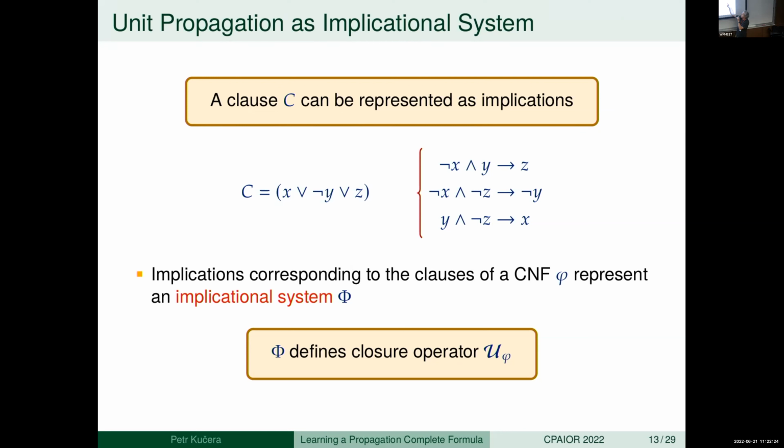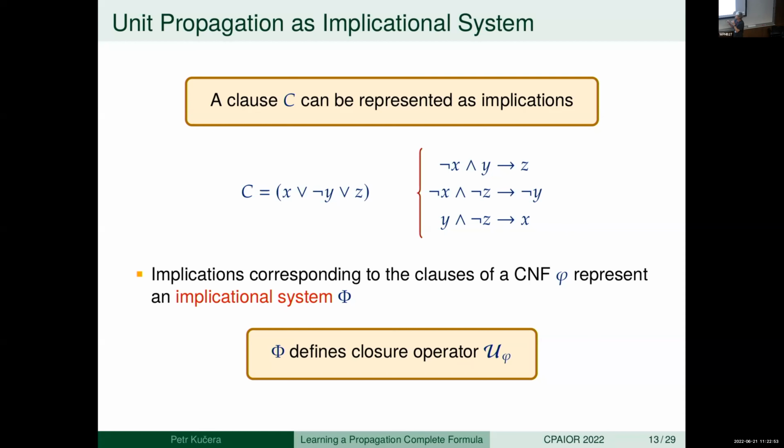So you have that if the clause is X or non-Y or Z, then if we set non-X and Y, we derive Z, right? And the same for the 2 other cases. If we take all these implications for all the clauses in the formula, then we get an implicational system. So it's just a conjunction of these implications. An implicational system on literals.